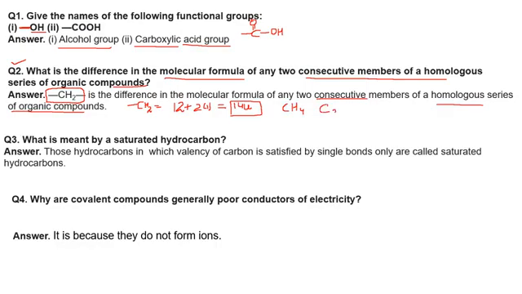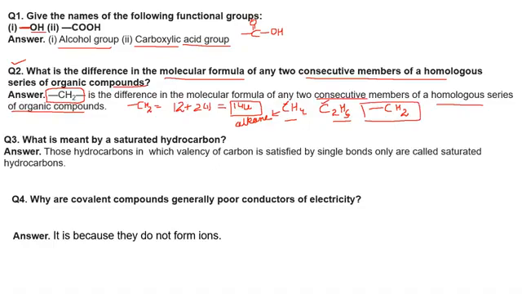Ethane, C2H6, and they both are members of alkanes. Now what is the difference in carbon? In ethane the carbon atoms are 2, here 1, so the difference in carbon atoms is one. What about hydrogen? Here 4, here 6, so the difference in hydrogen atoms is 2. That is why we call CH2 the molecular formula difference.